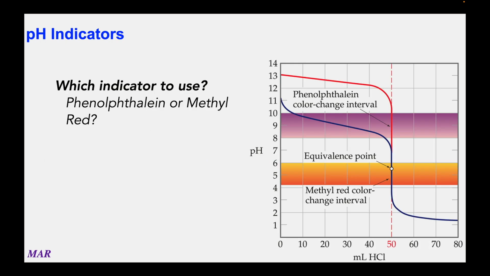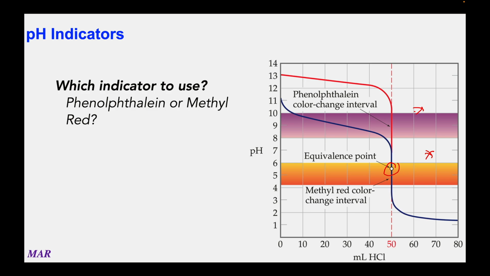Here's a question where you might want to think about which indicator would be best. And indicators should be kind of calibrated to your equivalence points. So we have here two possibilities. Phenolphthalein, which is on the top right here, and then on the bottom part here we have methyl red, and the question is which one would you want to use. So you can see here that there's a blue graph right there, and the blue graph has a steep point, i.e. the equivalence, that's right there, all right?